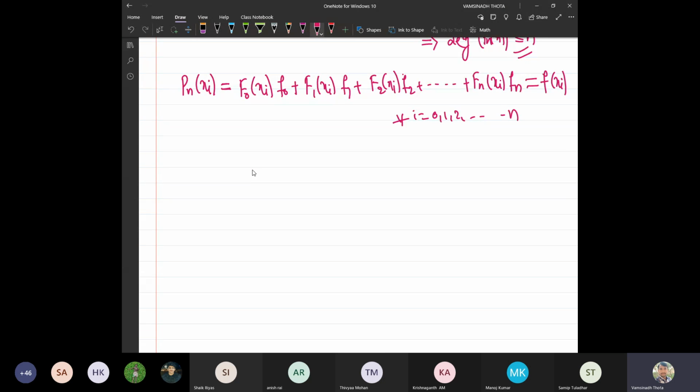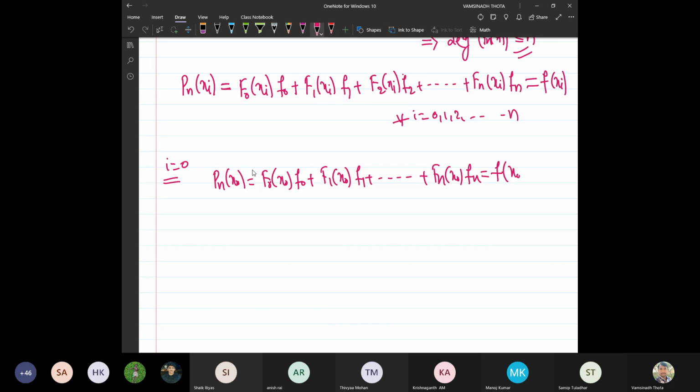If you look at an arbitrary i, then we may not understand clearly. So for i equal to 0, let us see what is happening. That is Pn of x0 is equal to F0 at x0 times f0 plus F1 at x0 times f1 plus and so on plus Fn at x0 times fn, which is equal to the value of the function f at x0.